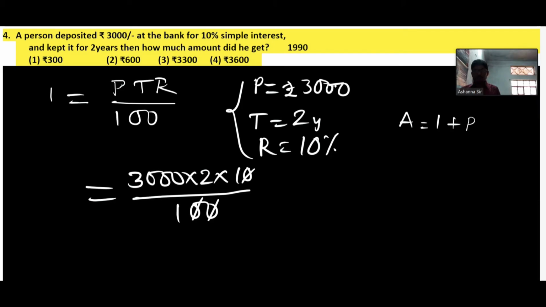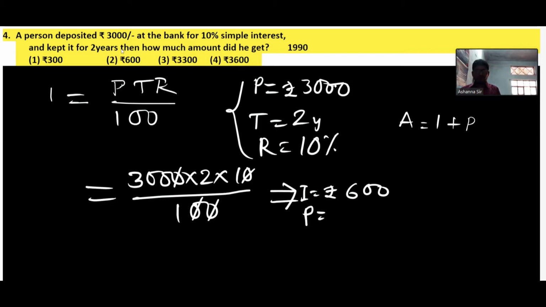10 and 10 get cancelled. Another again 10. 2 3s are 6. 600 rupees. This is the interest. So interest is 600.